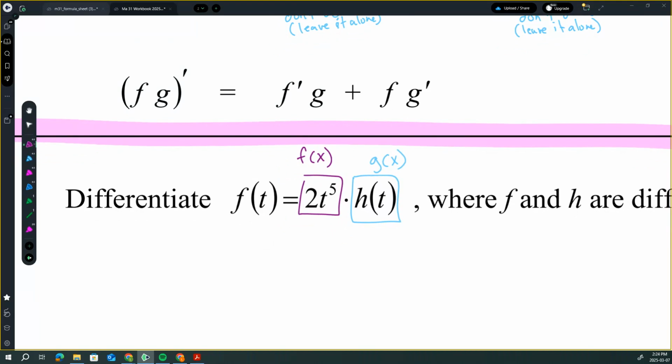Okay. So the derivative of this, and I'm just writing out the formula here so it's easy to see what's going on. So we're going to take the derivative of the first function, times it by the second function, and then add it to the first function times the derivative of the second function.